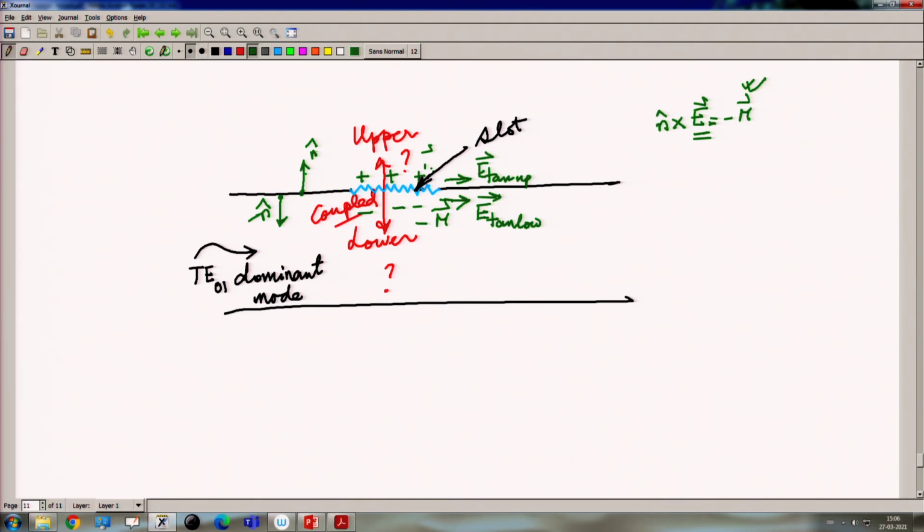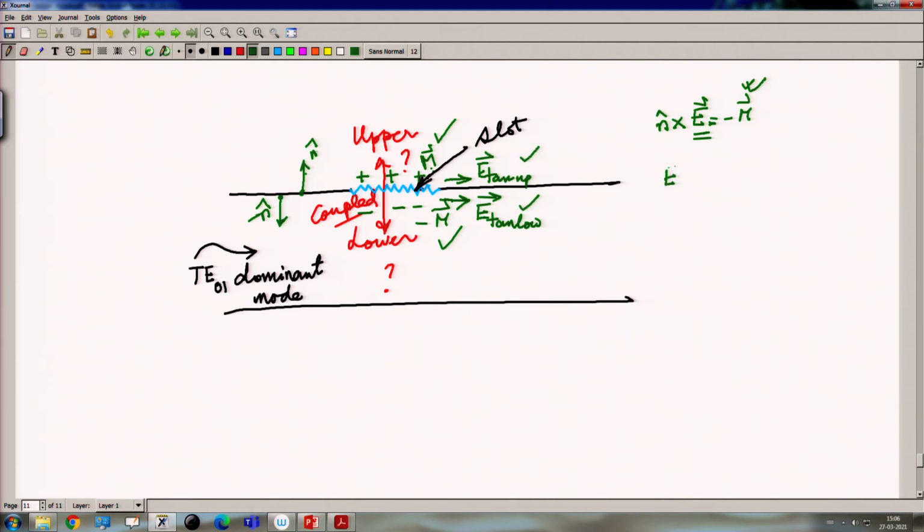So, placement of the magnetic current plus M and minus M on the upper and the lower surfaces of the slot matches these two electric fields.